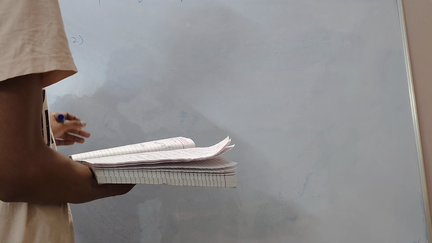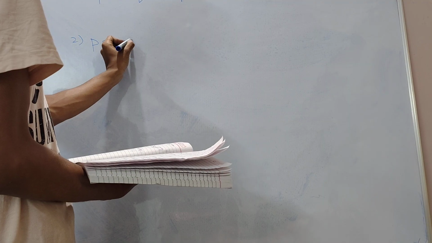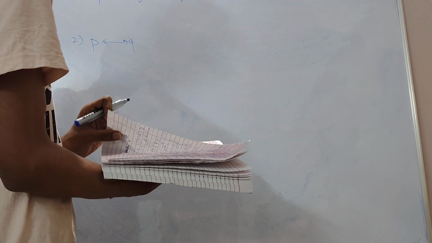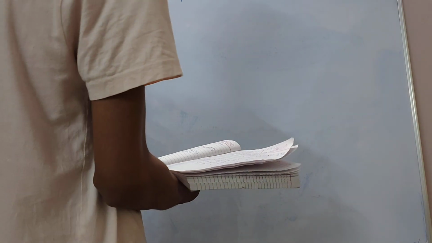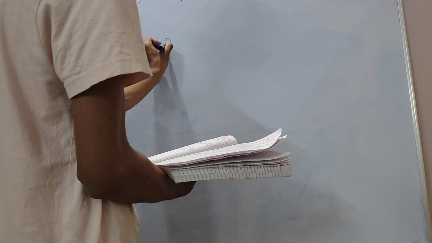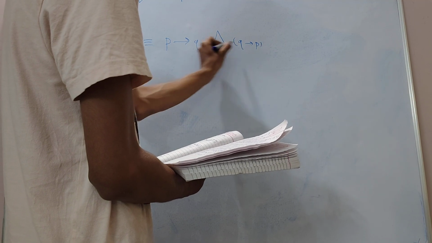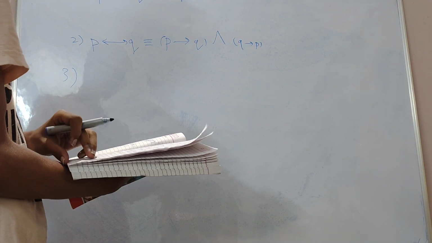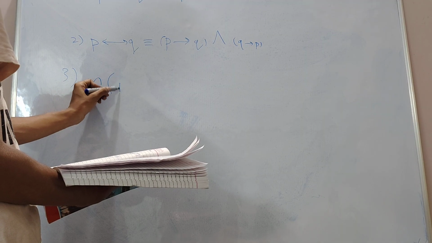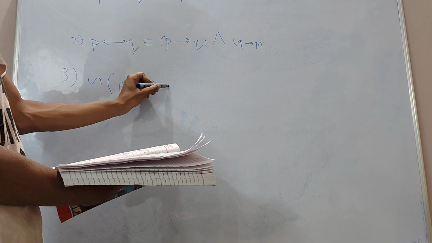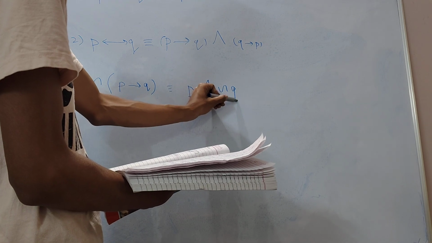Right, biconditional theorem is P if and only if Q is equivalent to P implies Q and Q implies P. And third one is negation of P implies Q is equivalent to P and negation of Q. Right.